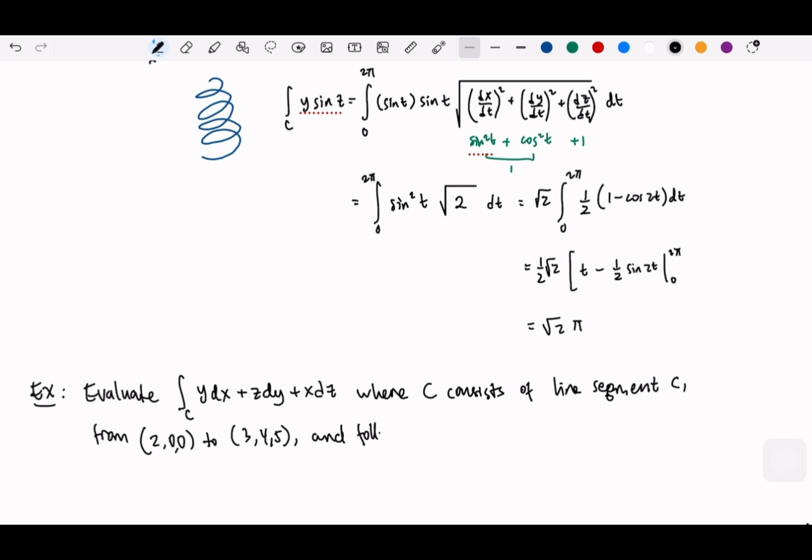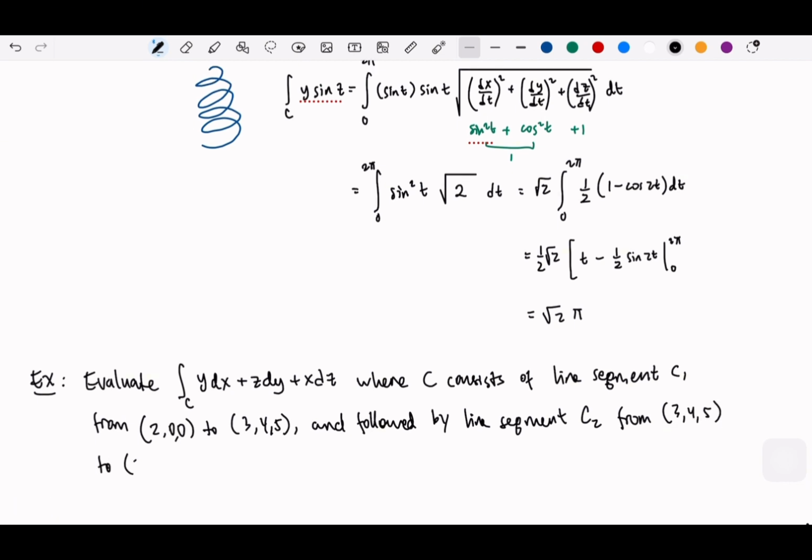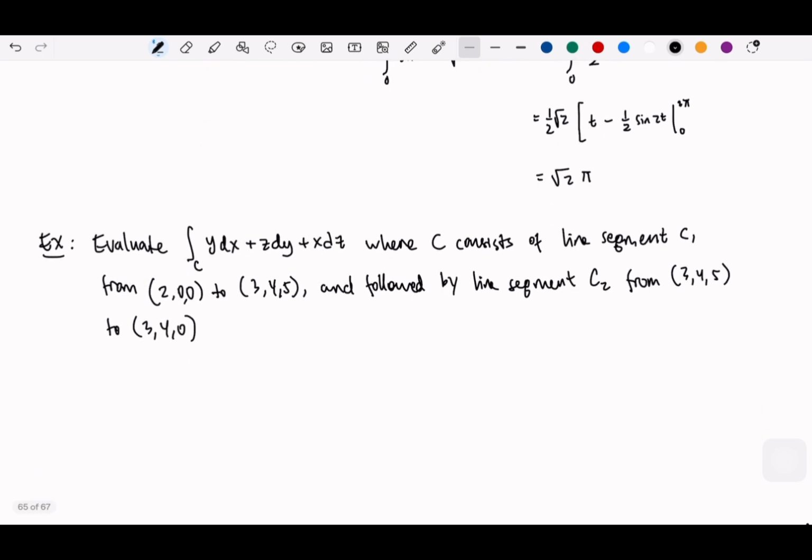And followed by line segment C2 from 3, 4, 5 to 3, 4, 0. I think we can draw the picture. Suppose this is Z, this is X, this is Y.